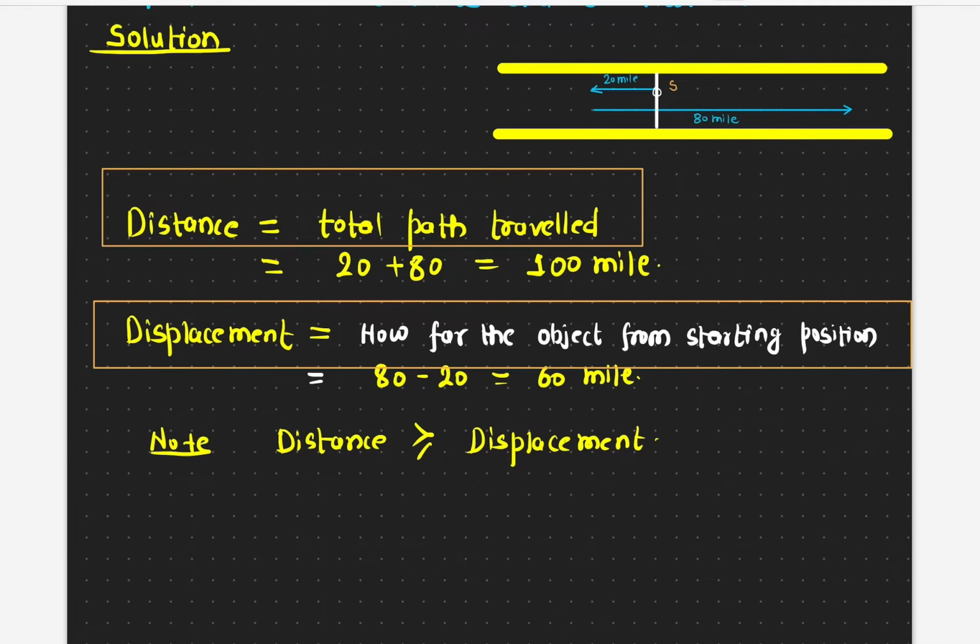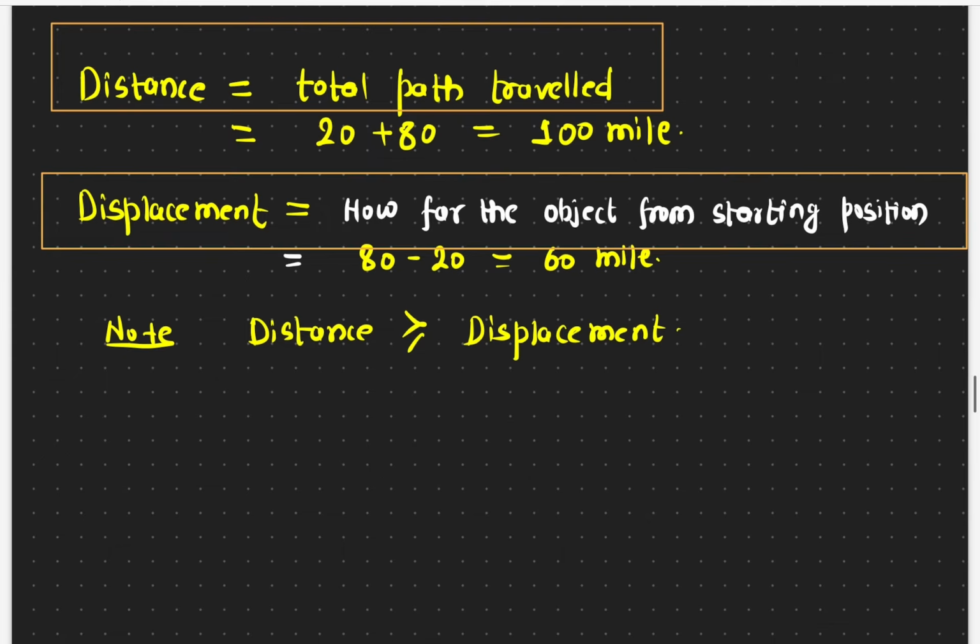That means distance doesn't depend upon which direction you move, but the displacement has a direction. So in this case, you have to write down the direction of the displacement, which is along the east direction, so I'm simply writing the east direction here.